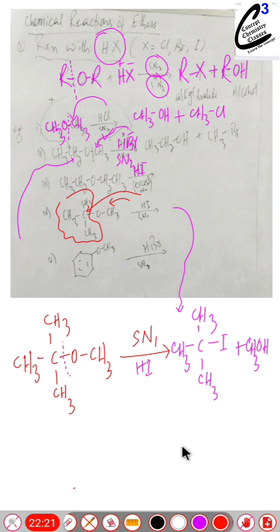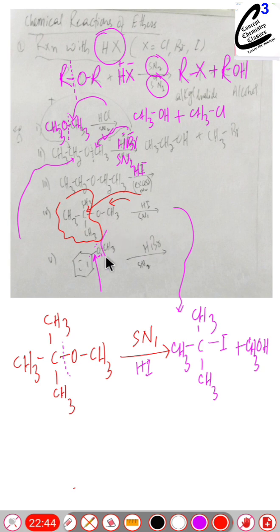And this is anisole, methoxybenzene, and if it is reacted with HBr, then since resonance can take place here, this carbon-oxygen bond has partial double bond character, so this bond is not broken.